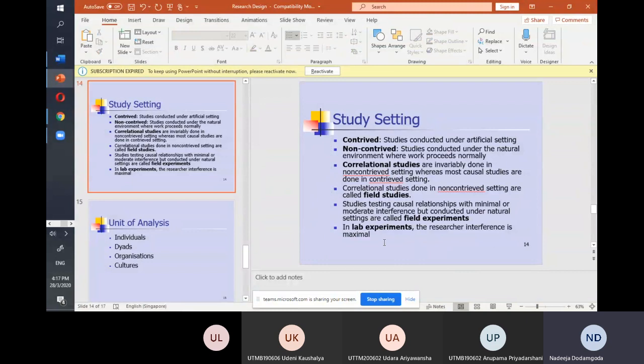I mean, a simple example. Let's say I want to test whether a particular brand of fertilizer is helpful in the growth of chili plants. So what I can do is have two beds of chili plants, and to one I apply the fertilizer, to the other I don't.